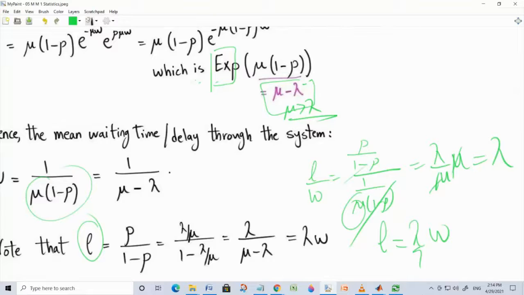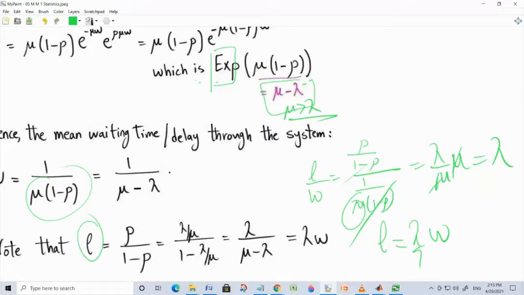This is for our M/M/1 system, the most straightforward queue: exponential inter-arrival times, exponential service times, just one server, and so forth. Now, it turns out that in queuing theory, this relationship is true in much more sophisticated settings.